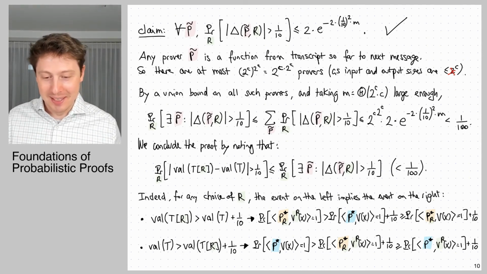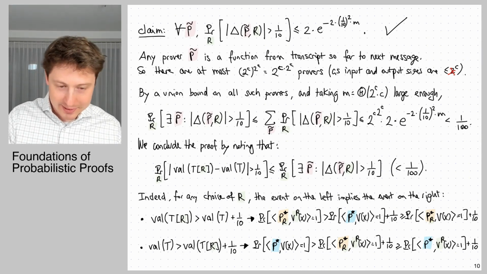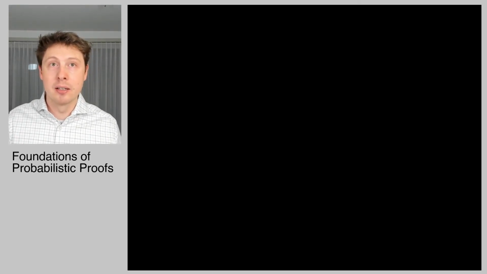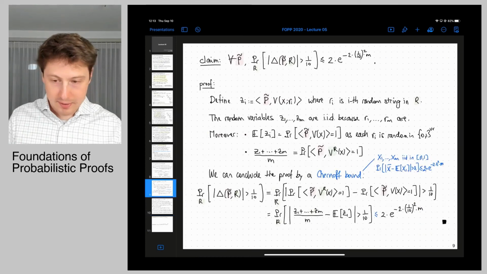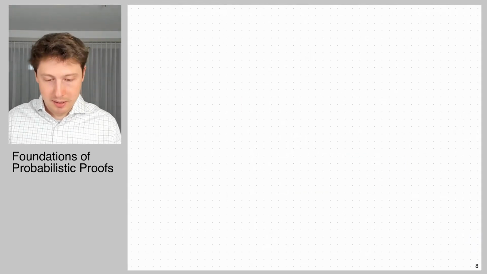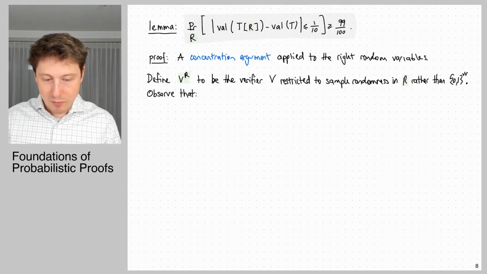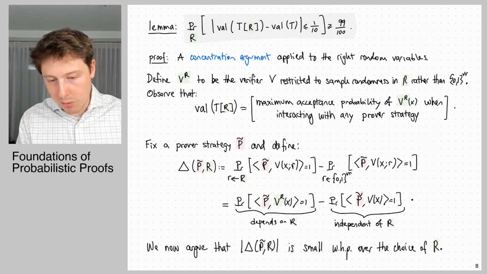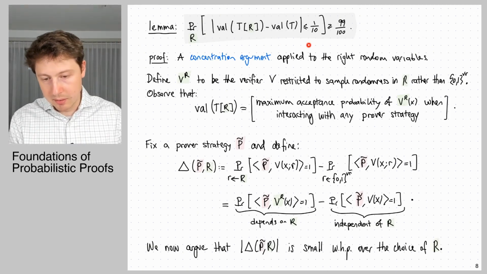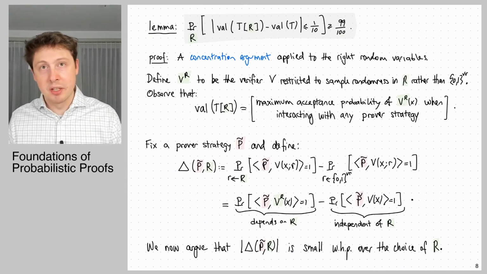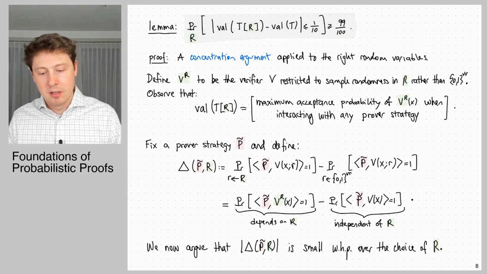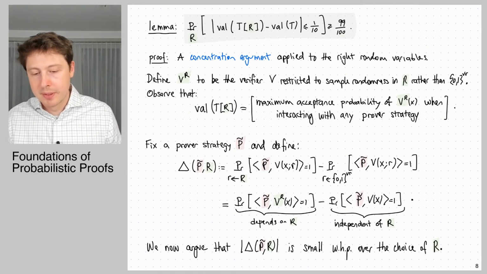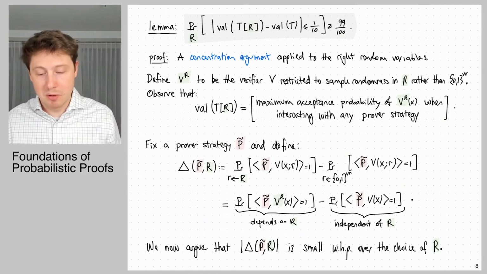But let me take a step back here. Starting from here, again, what we wanted to show was this inequality. What we've done is just a concentration argument that always holds, by the way, and doesn't use any hypothesis, followed by a union bound on a number of provers.